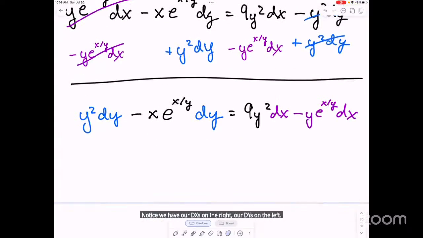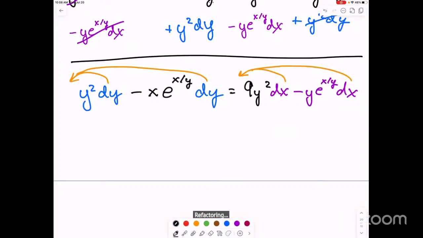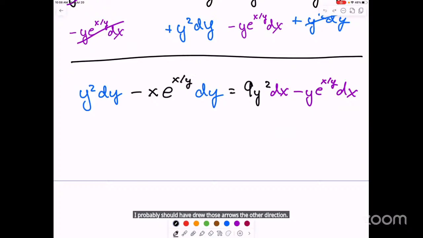In both cases, we're going to factor out that differential. So we're factoring. Probably should have drawn those arrows the other direction. I mean, it's still the same thing.